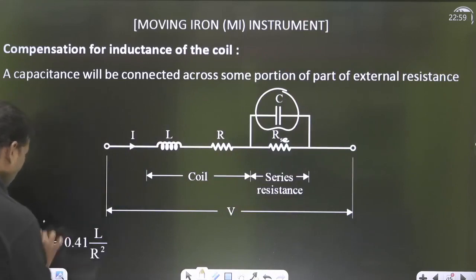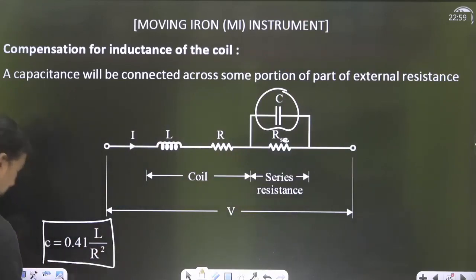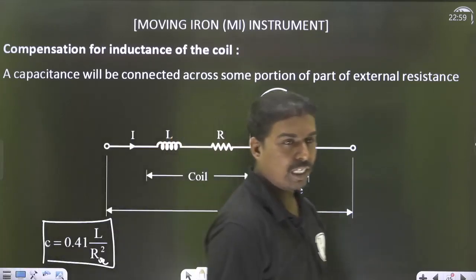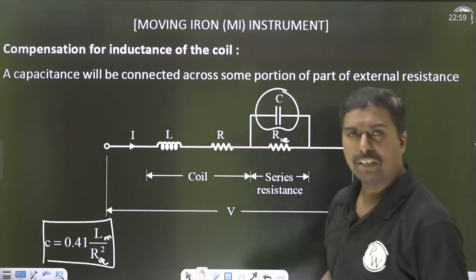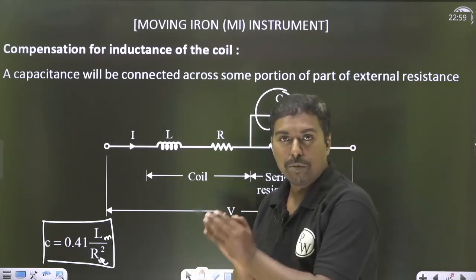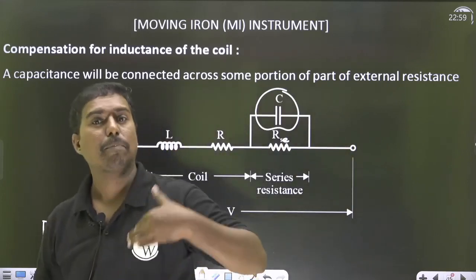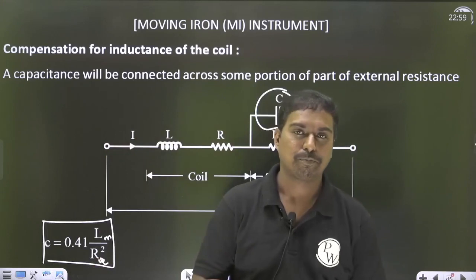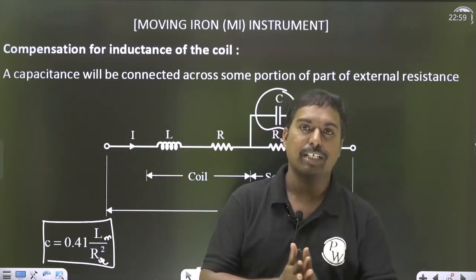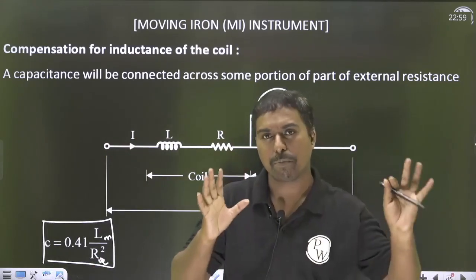This capacitance value is given by the expression 0.41 L by RSC, the series resistance, whole square. L is the meter's inductance, Lm. A very rarely asked question: what should be the capacitor value attached in parallel to the series resistor so that the frequency error can be reduced?